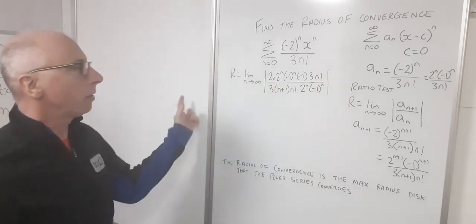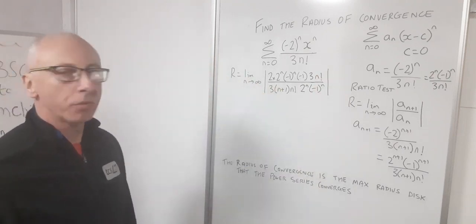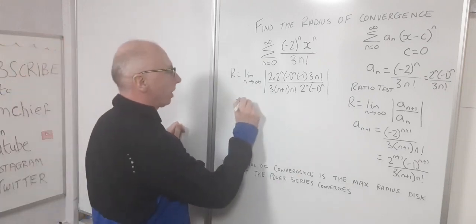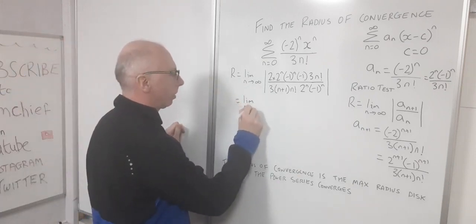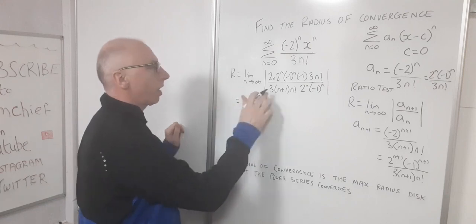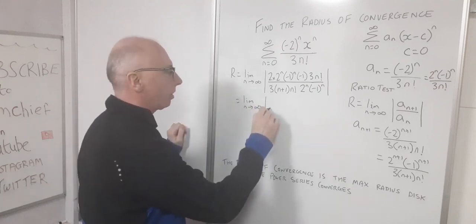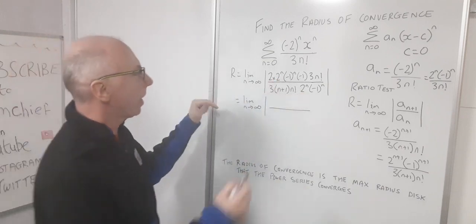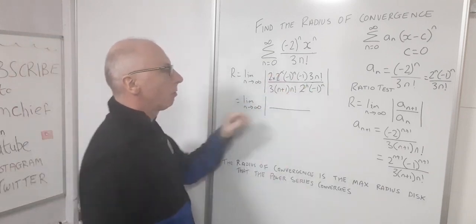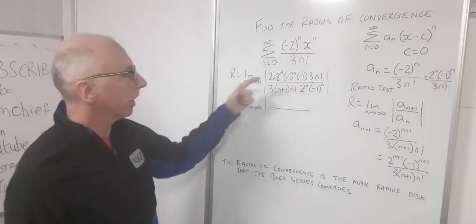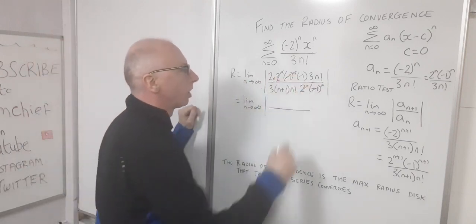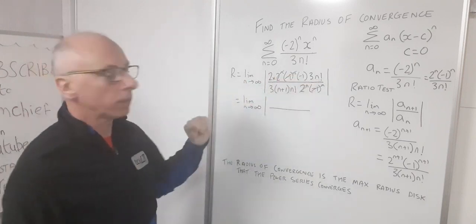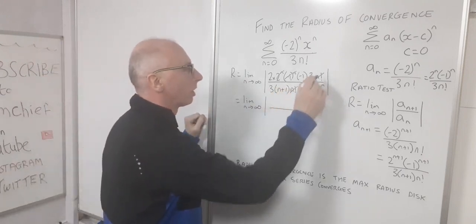Okay, now we can do some simplification on this before we write the next line. So keep the absolute value. 2 to the n, 2 to the n, so they can cancel. Minus 1 to the n, minus 1 to the n, again more cancellations. N factorial, good to go.